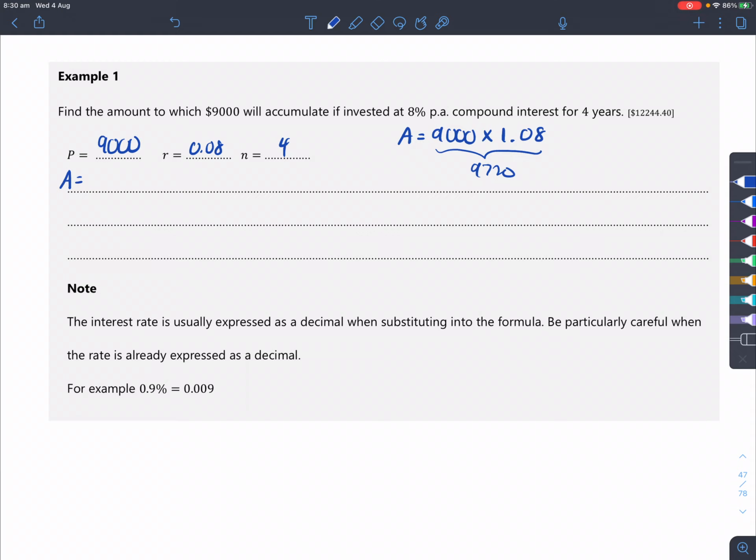So after 1 year, this amount, 9720, is again lifted up by 8%. So you multiply by 1.08 again, and then that number will become 10497.60. Then you multiply it by 1.08 again.